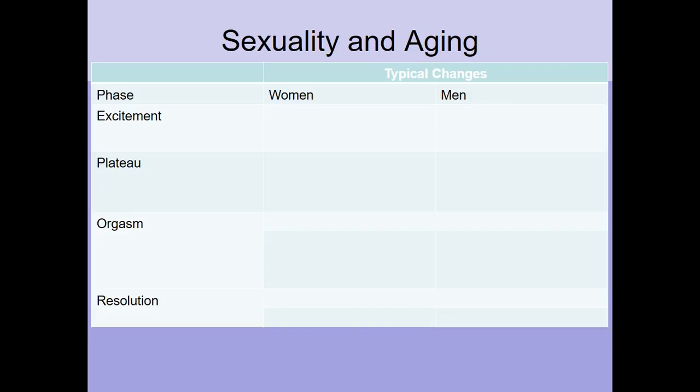So I thought it'd be kind of fun to compare men and women on how their sexual responses change across the lifespan or across later adulthood. During the excitement phase, women experience less lubrication and it takes longer for it to start to secrete, and the length and width of the vagina tend to decrease across this older age time, whereas men have a slower erection, and when they reach erection it's less firm.